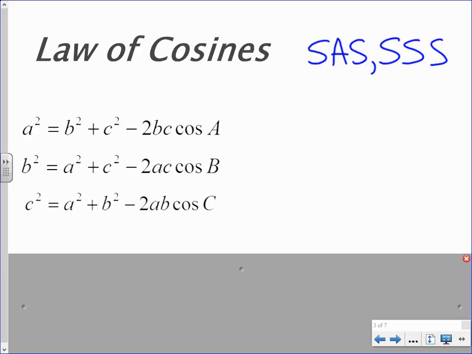Somebody who works very hard on a proof came up with these formulas. You know what we did on Thursday that went through how to get the law of sines formulas, that pink sheet? I do have something like that for law of cosines if you're interested.